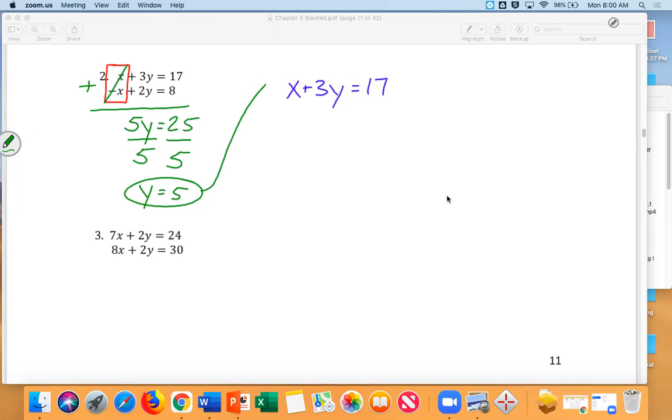I am going to replace y with 5. So I have x plus 3 times 5 equals 17. X plus 15 equals 17. X equals 2.